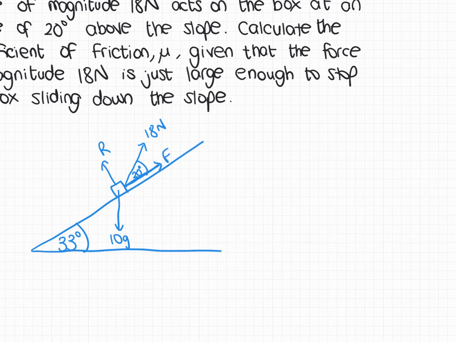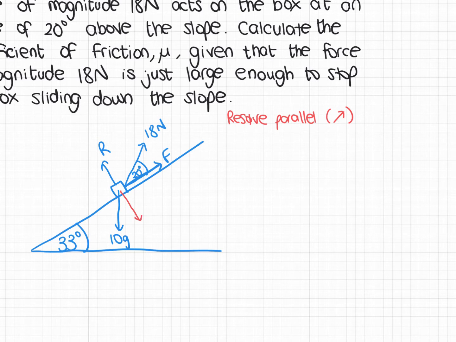So just like we did before, I'm going to start by resolving, let's go parallel to the plane. And I'm going to resolve going upwards. So if I resolve going up, I've, in fact, not filled in all my forces, have I?